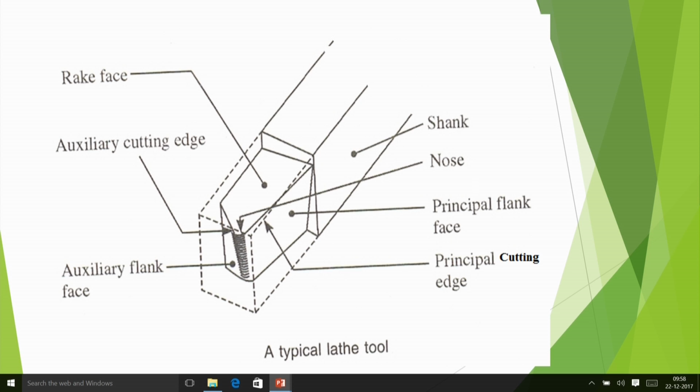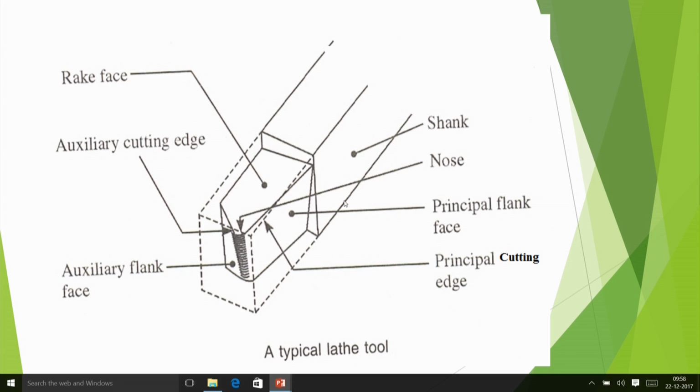Now again this tool is in my hand, but still I have shown on the screen a typical lathe tool. In the typical lathe tool there is a shank here, then there is a primary cutting edge, and this is the auxiliary cutting edge, then this surface downwards is the auxiliary flank face, and this one is the principal flank face.